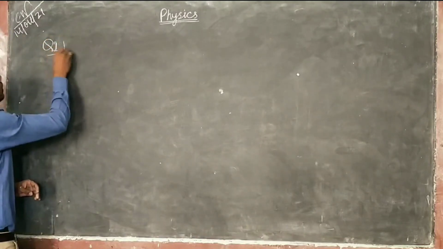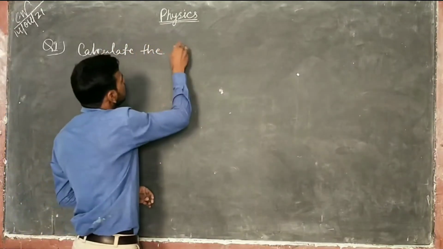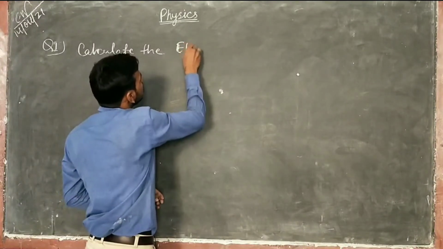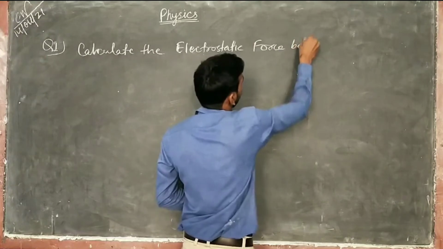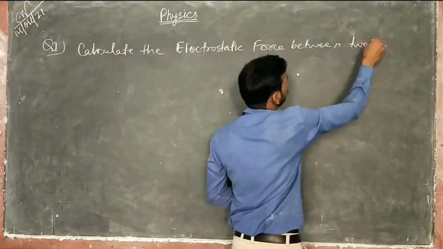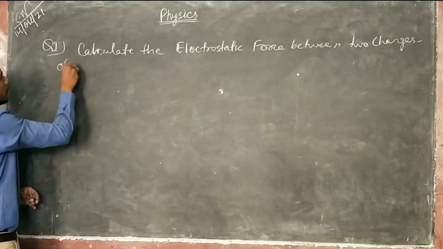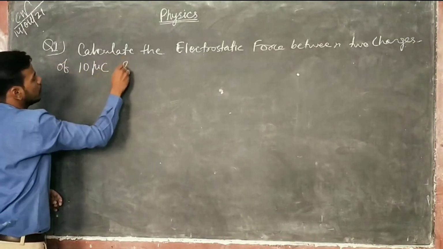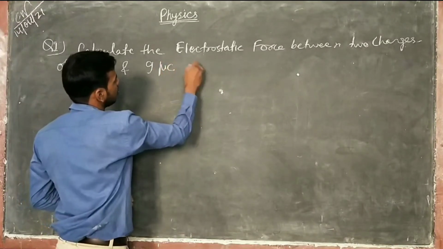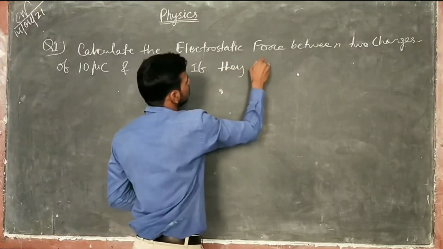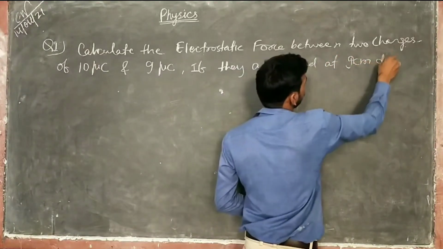The first question says: calculate the electrostatic force between two charges of 10 microcoulomb and 9 microcoulomb if they are placed at 9 centimeter distance.